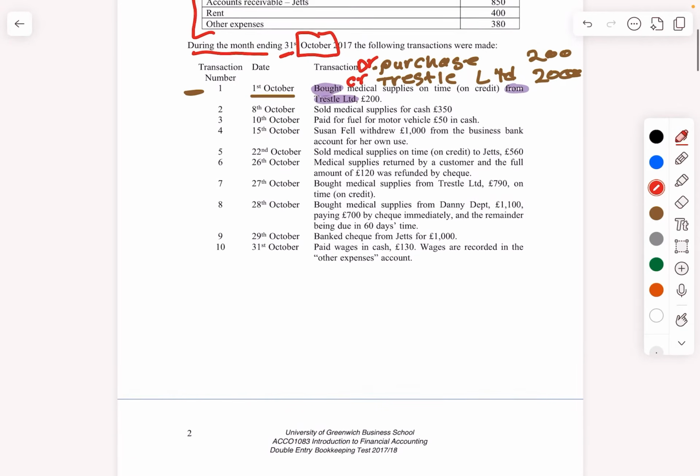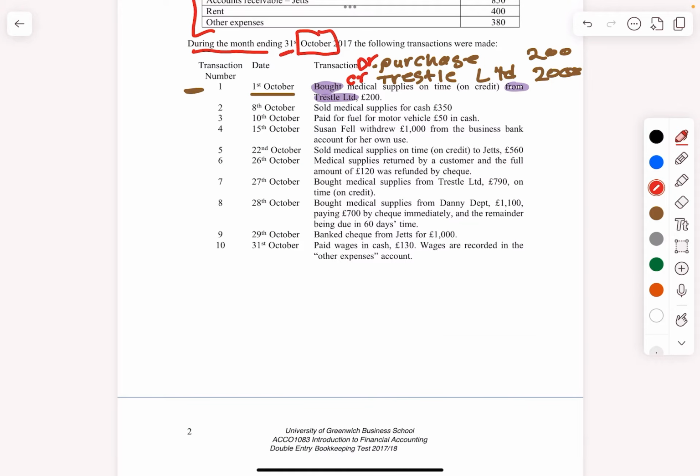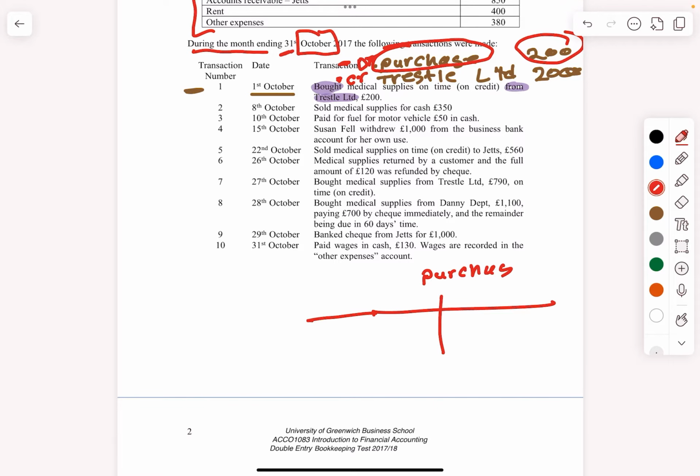Under the purchase account, this transaction will be debited, 200, first of 10. But what's the name of this transaction?